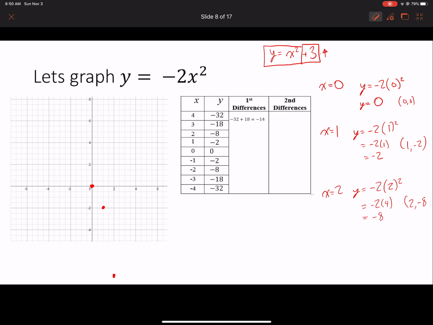Okay, the next step is to find first differences. Just like last time we found first differences. -32 minus -18, that's where the plus comes from the minus, is -14. And this first difference, remember, it defines our step pattern.